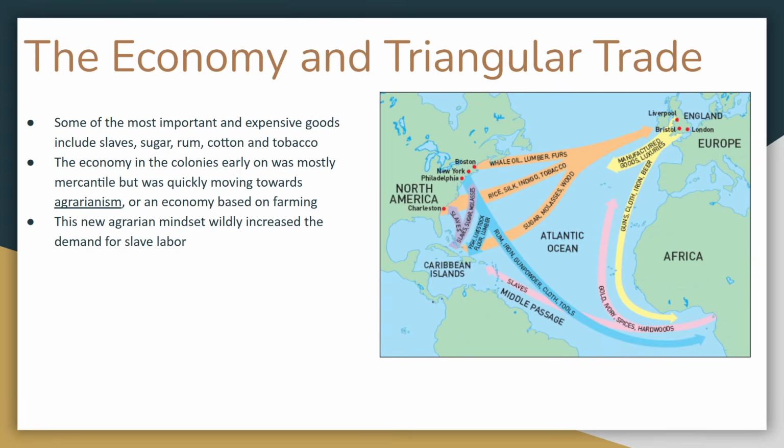The British colonial mindset of this pseudo-ranching and farming is going to also increase a demand for this slave labor that we now have a steady stream of coming from Africa because of the demand for slaves for sugar. Now it's going to translate over to farming as well.